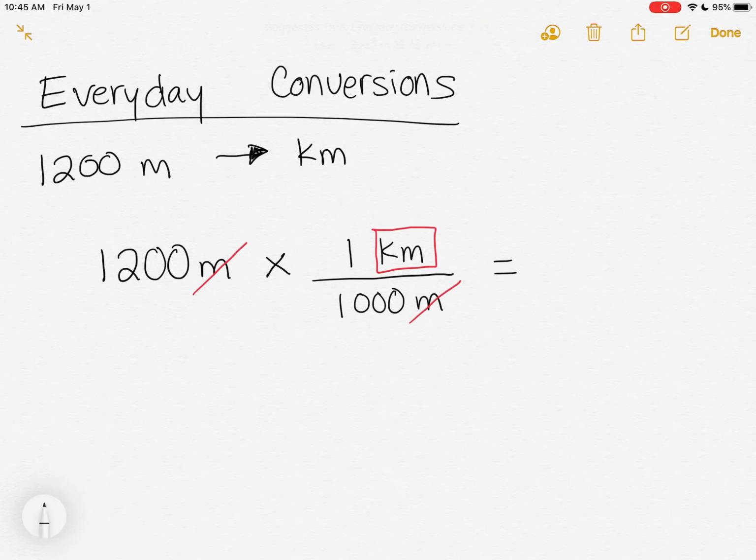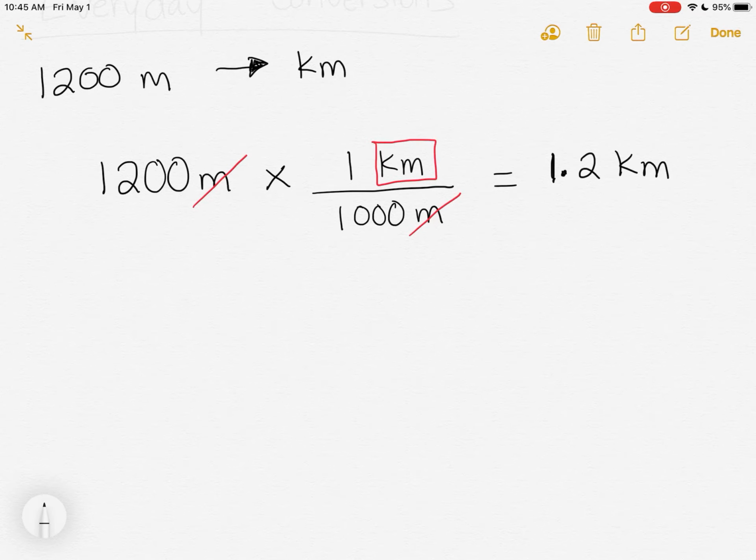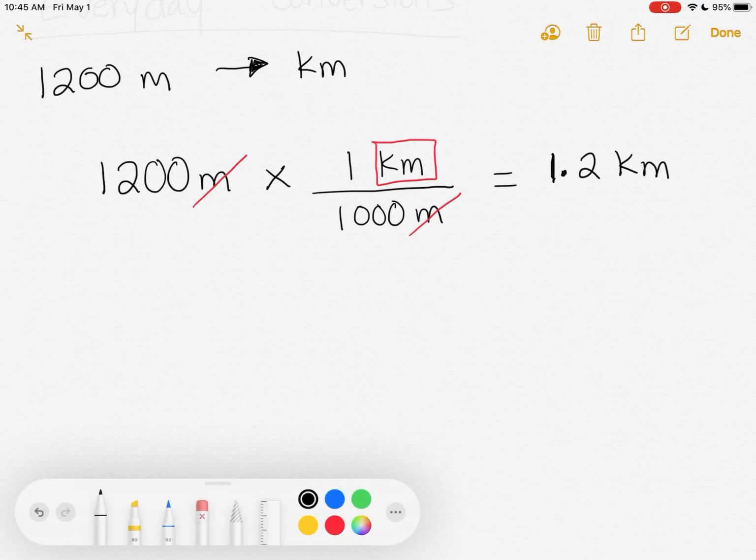So then when I actually multiply through here, I'm going to do my 1,200 and I'm dividing it by 1,000 to turn it into kilometers. So it becomes 1.2 kilometers.